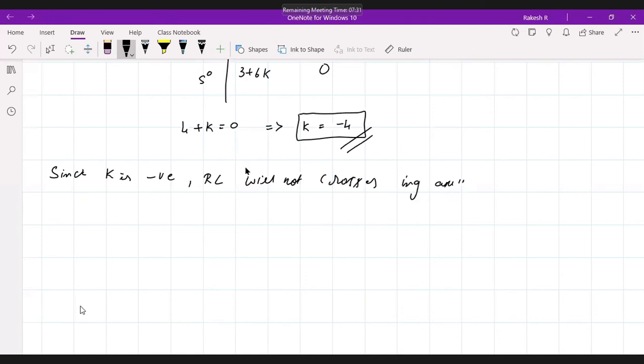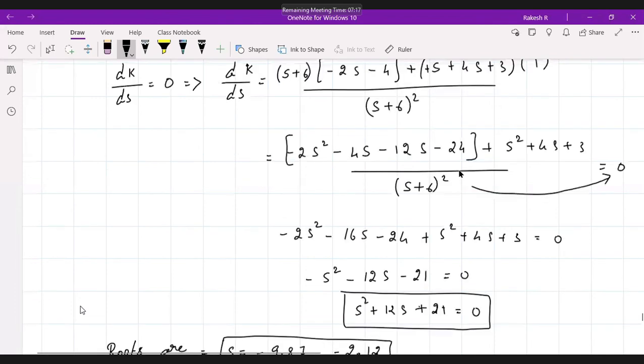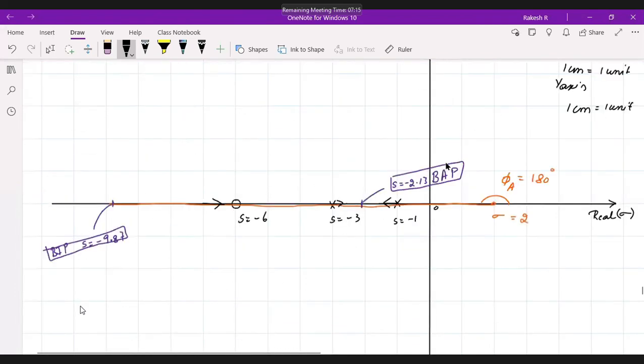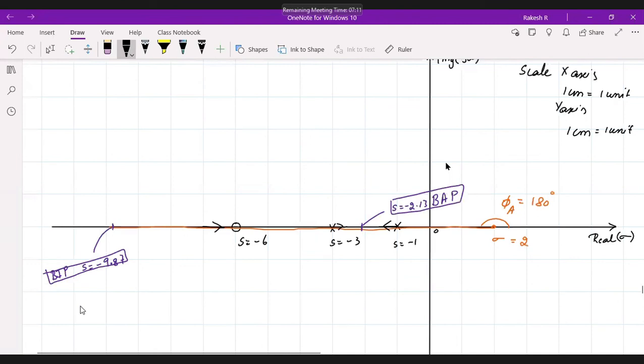Hence, when we get the value of k negative, the root locus does not intersect with the imaginary axis. With this, we got to know the system is completely stable. Whatever might be the value of k, the system will be completely stable here. That means the root locus will not cross this imaginary axis here.